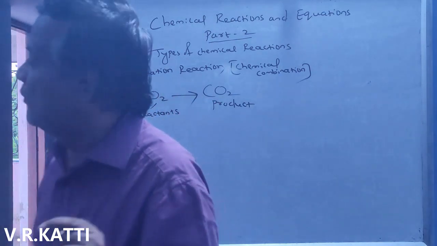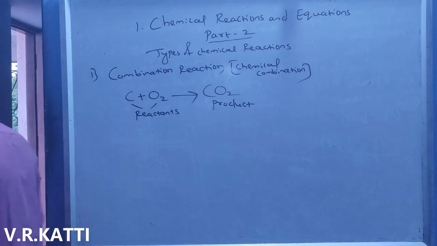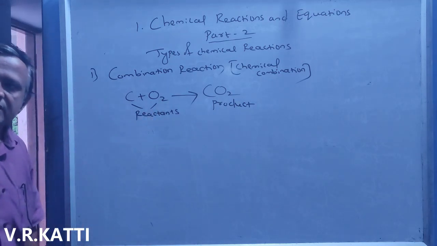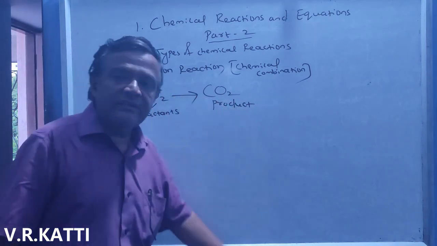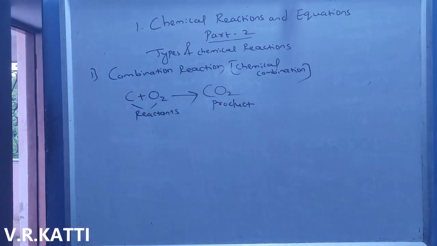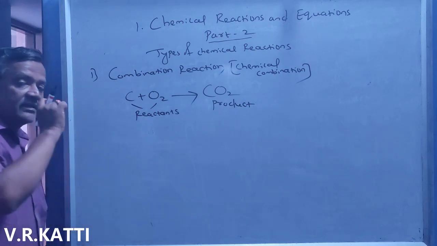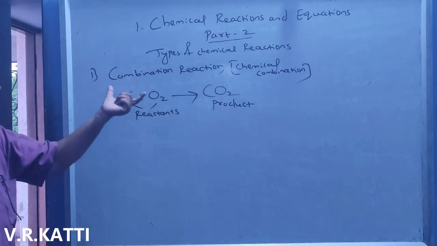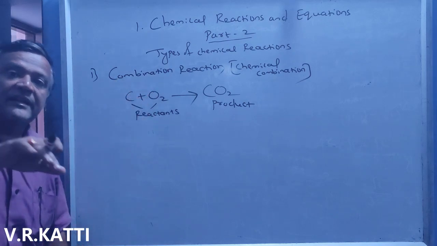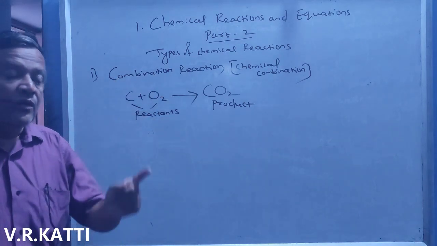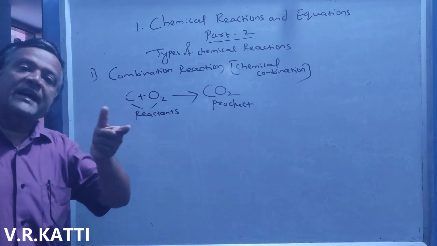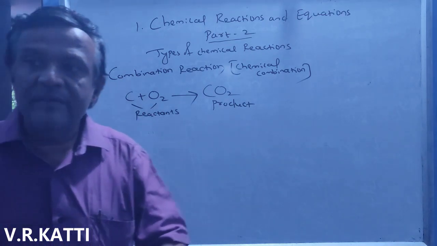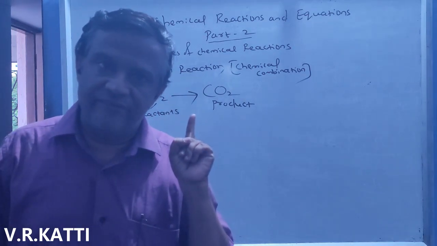So what is it? A combination reaction, or chemical combination. How to define the reaction? A combination reaction is a chemical reaction in which 2 or more reactants chemically combine to form a single product.